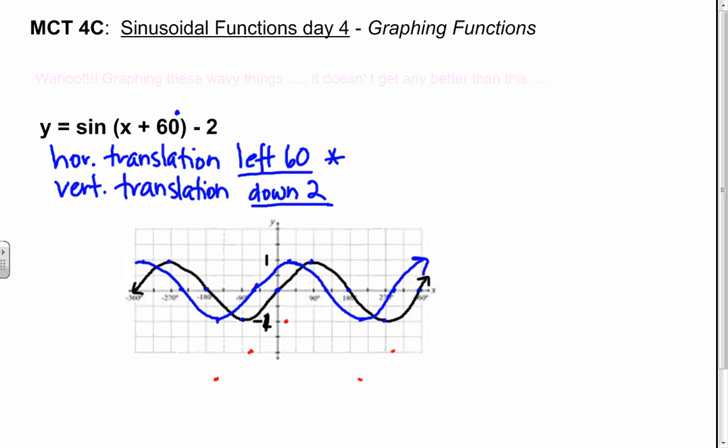And where's this one? Here it is. 1, 2, 3, 4. So my grid paper may not be ideal, but I can see a function that has been moved down 2 and left 60. Let's try another one.